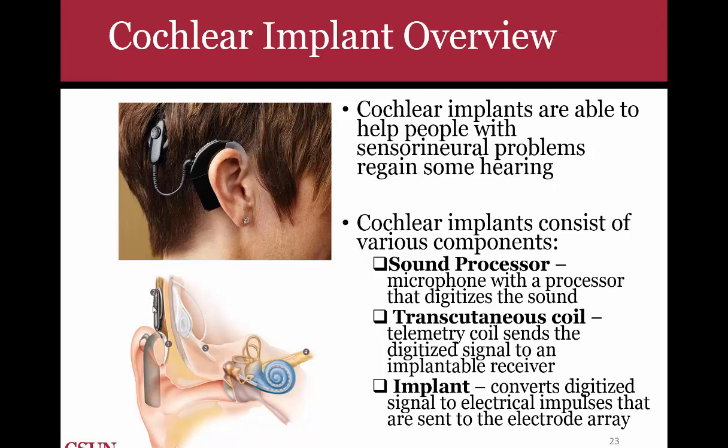Within here, there's power, but there's also data transmitted, and that data is the digitized signal from the sound processor. That gets then communicated to an implanted transcutaneous coil in the implant, and then that terminates to basically a coil that is implanted inside the cochlea of this person.